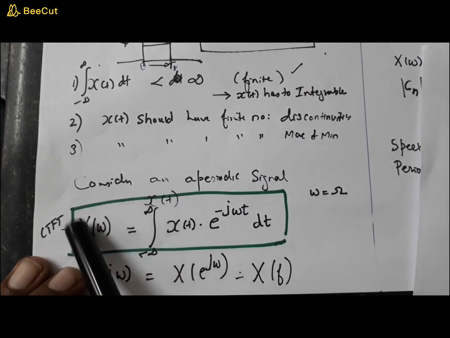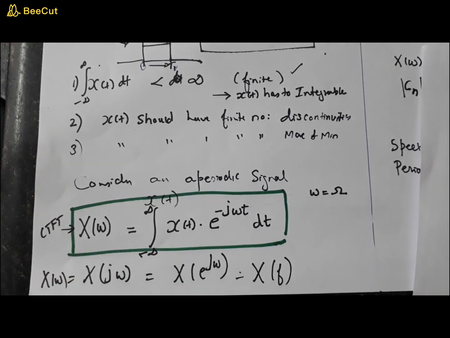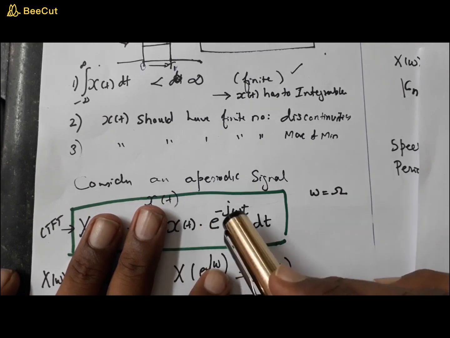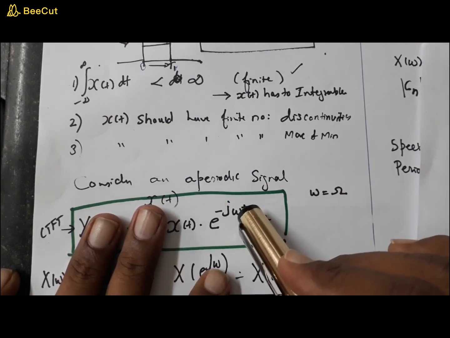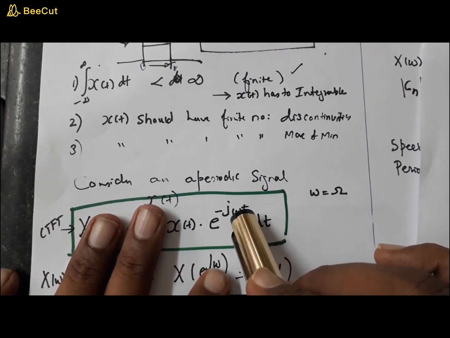That is designated as X of omega. I will be following this notation. X of omega is equal to... Now how is this formed? Take your x of t and multiply it by e raised to minus j omega t, just as in the Laplace transform, where, as a recap, it is multiplied by e raised to minus st.